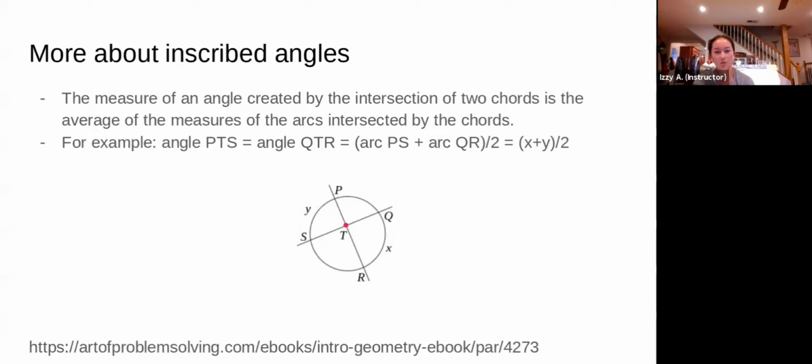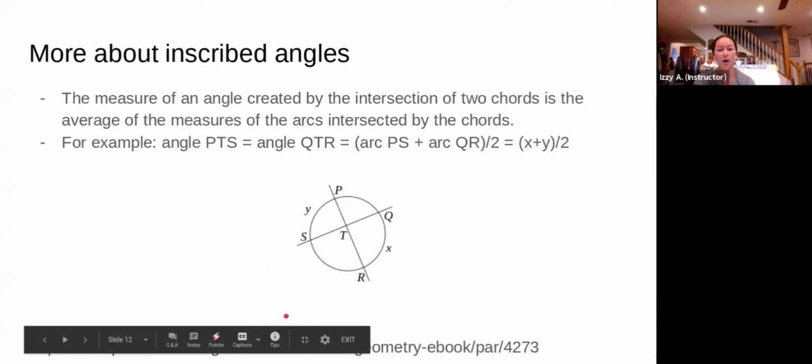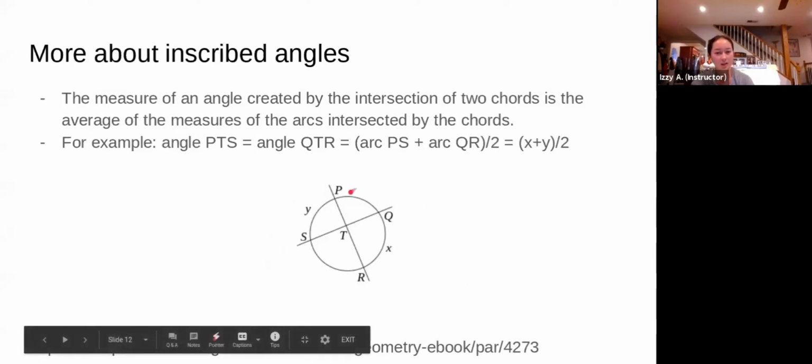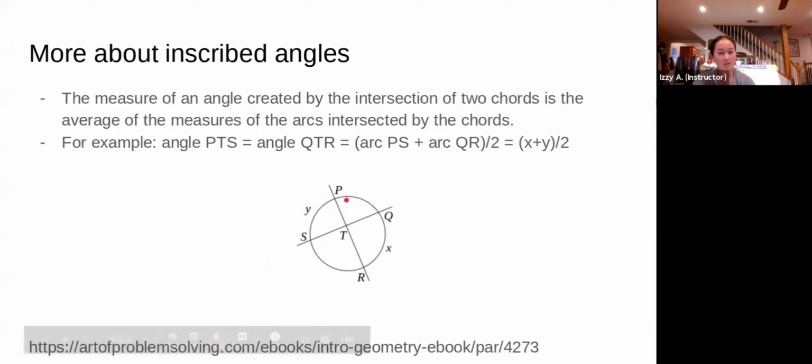In geometry you can't always assume things, especially since there are a lot of times when they're not drawn to scale. In this case it looks like they might be perpendicular, but they might not be. So just be careful about making those kinds of assumptions.